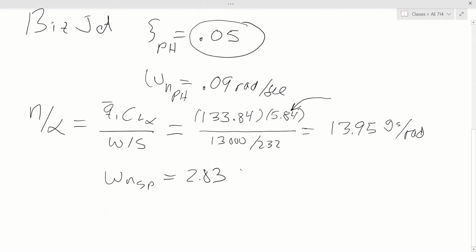So it's definitely greater than 1. And it's definitely less than 7. And the damping ratio, short period, was 0.35. So now we have to go back to the other chart and see where we fall there.